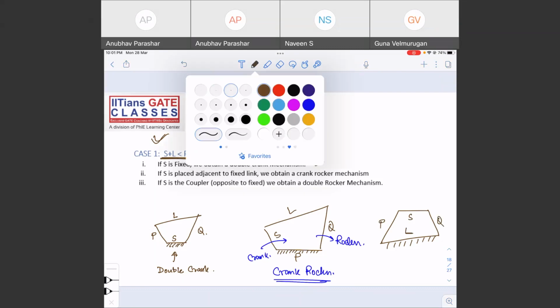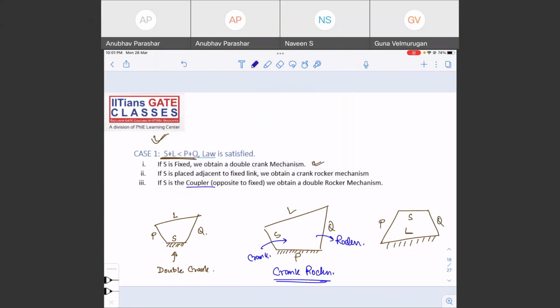The link opposite to the fixed link is known as the coupler. So in this case, what we are going to get is a double rocker. Input link will also be a rocker, and output link will also be a rocker.